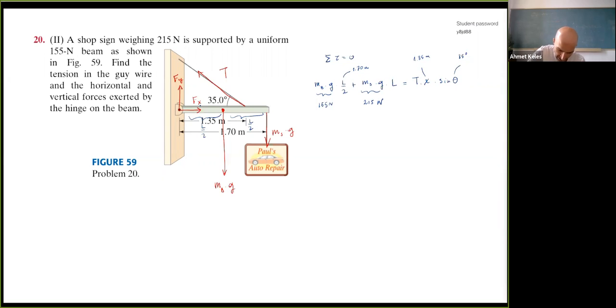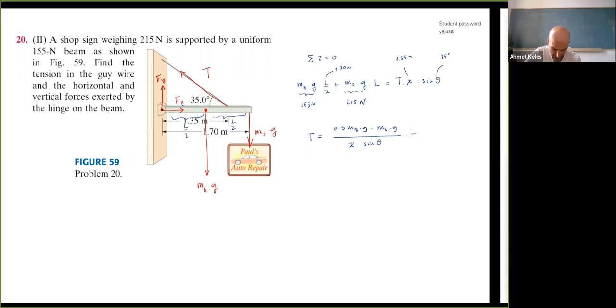Now I can solve it for T. So T is equal to, because the given numbers are MBG plus MSG, 0.5 MBG plus MSG divided by X times sine theta times L. So let me put these numbers. It's equal to 642 Newton.